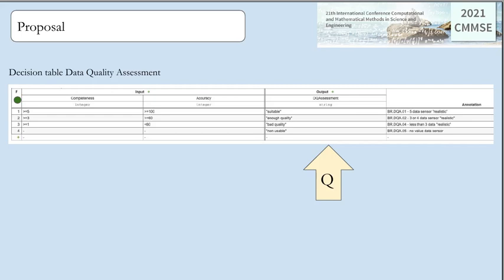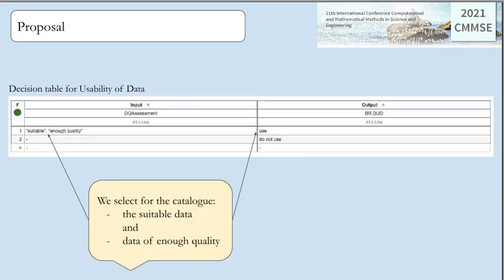In the decision table, the HIT policy first is applied. Thus, the first entry that matches is returned, disregarding the rest. In this final step, the quality level of the data is decided. In consequence, we can decide to include or not the data record in the final catalog.